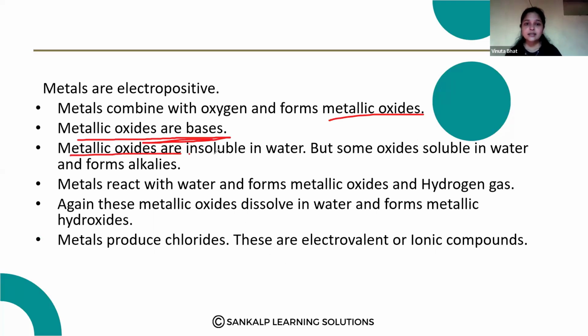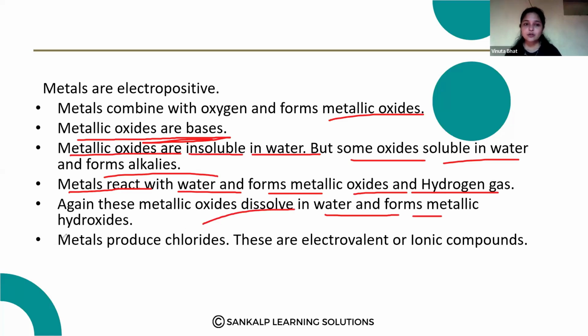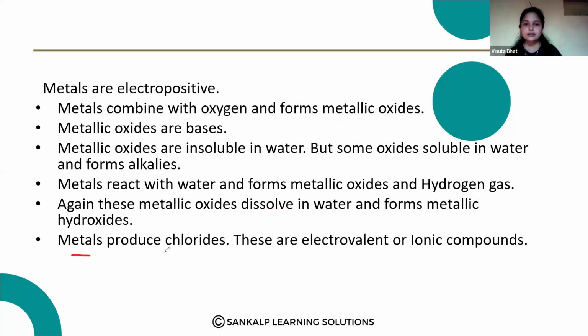Metallic oxides are insoluble in water, but some oxides dissolve in water and form alkalis. Metals react with water and form the metallic oxide and hydrogen gas. Again, the metallic oxide dissolves in water and forms metallic hydroxides. Lastly, metals produce chlorides, which are electrovalent or ionic compounds.